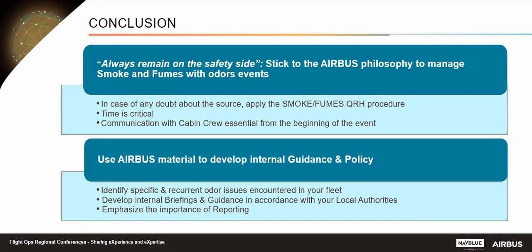The first one is to always remain on the side of safety by sticking to the Airbus smoke procedure philosophy to manage any smoke and fume with odors in flight. The second point is to use the Airbus material and the regulation material to develop specific and customized internal briefings, to be able to recognize the odors and to help the flight crew in their decision making.